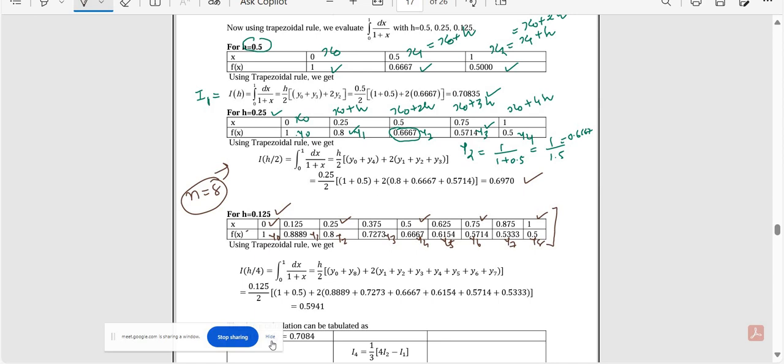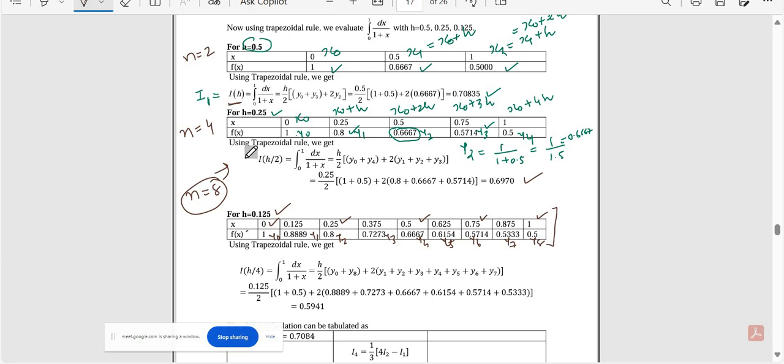In table 1, n is equal to 2, and in the second table, n is equal to 4. These all give us the value of the integration, that is why I am writing I here.